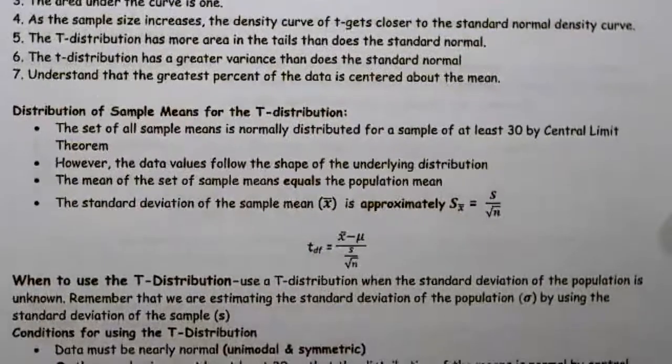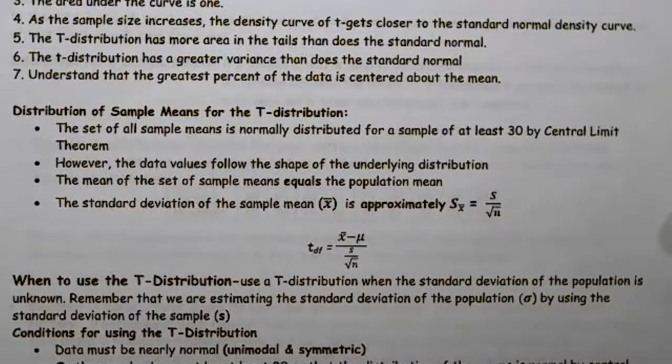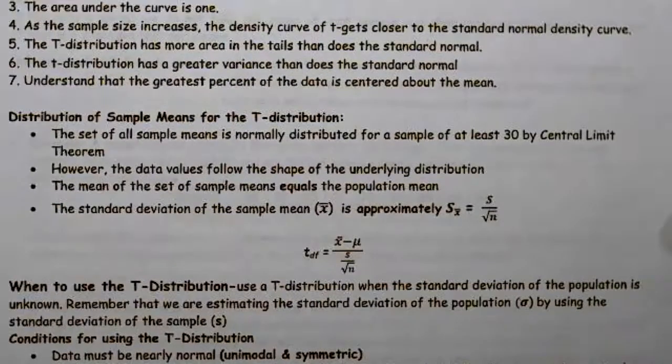So basic formula, and when can you use the t-test? You use the t-test when you don't know the standard deviation of the population. So if you don't know the standard deviation of the population and you're having to rely on the standard deviation of the sample, you use the t-test.